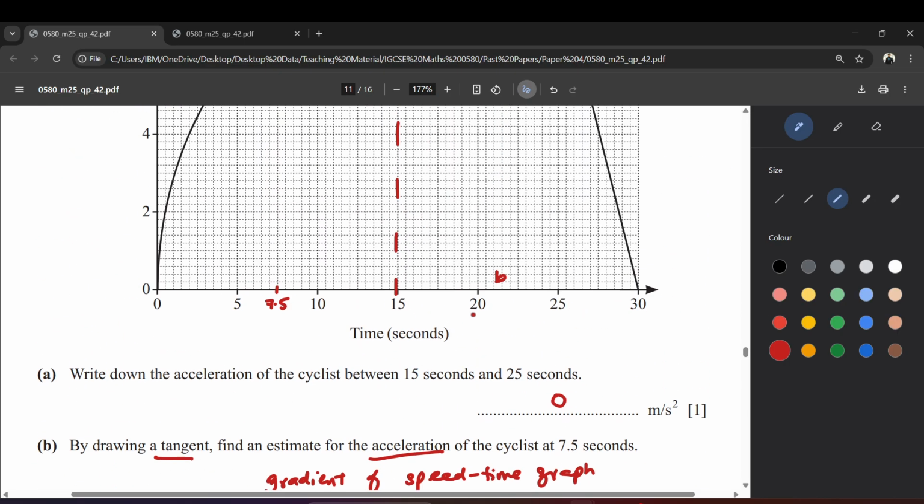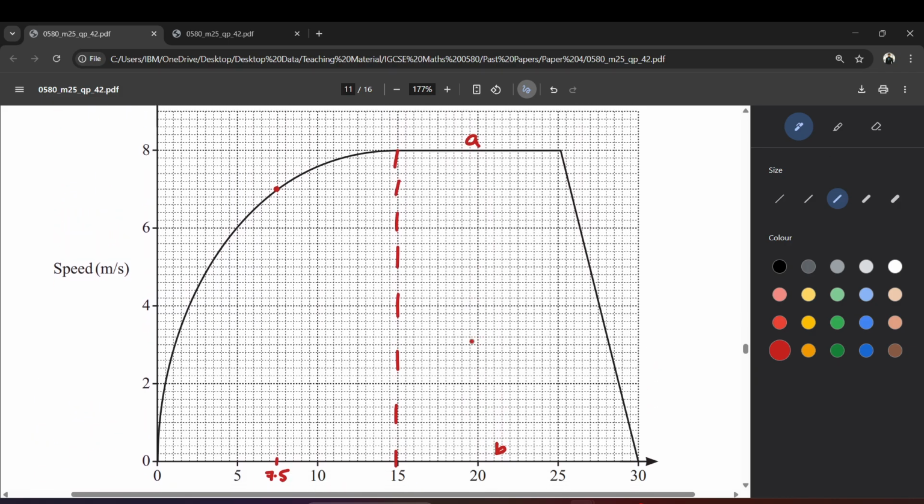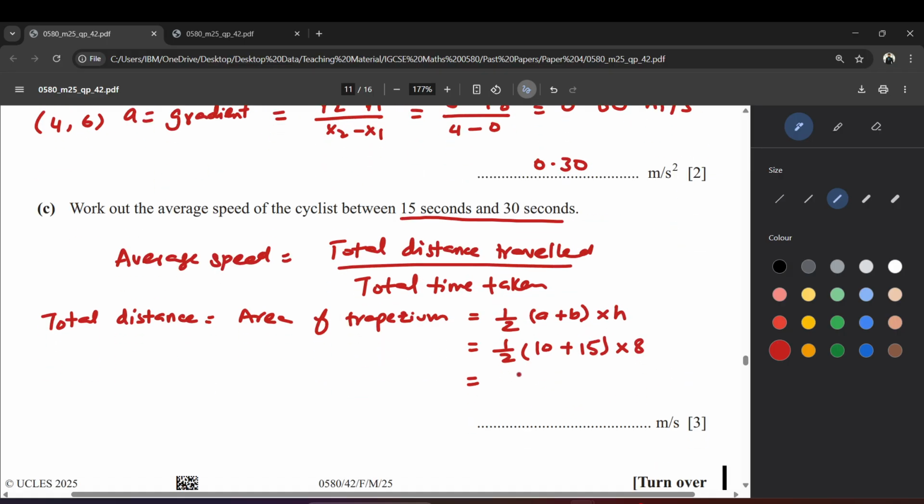Multiply by the perpendicular height between the parallel sides. So that will be 8. So 2 and 8 they cancel out. That gives us 4. 4 times 25 will be 100 meters.